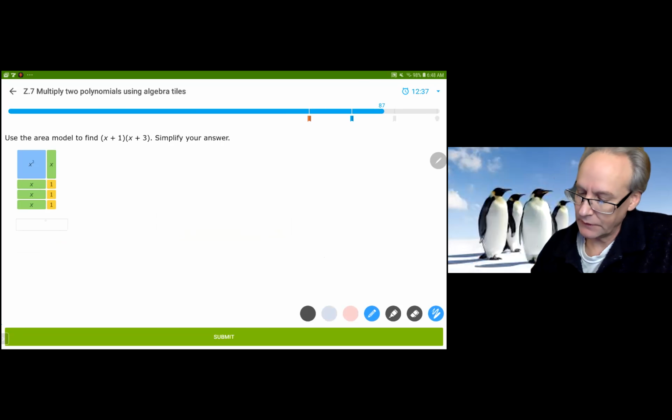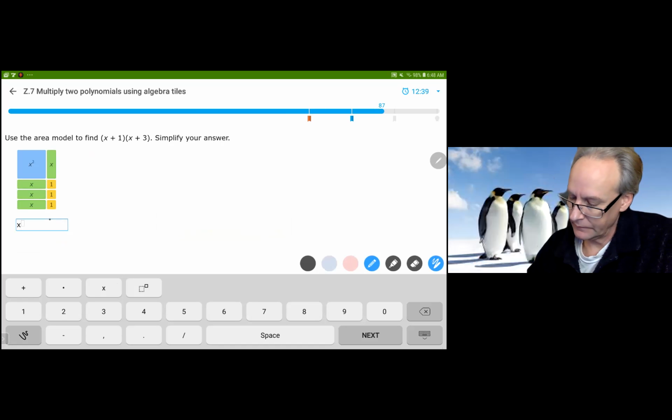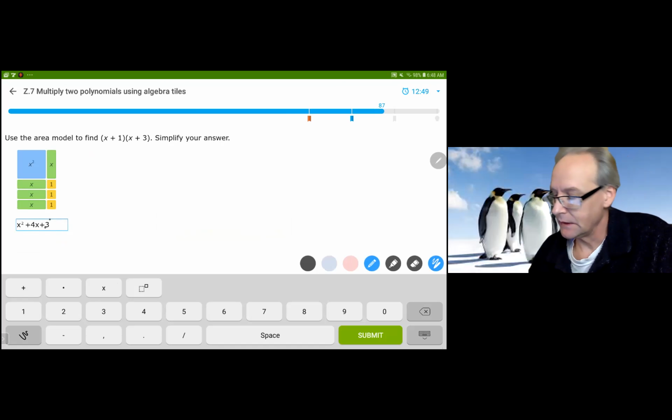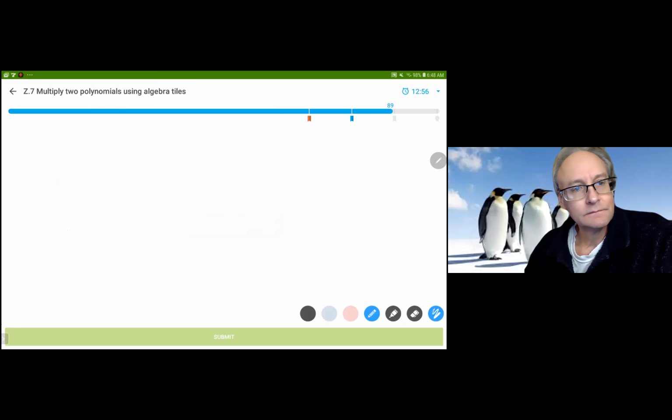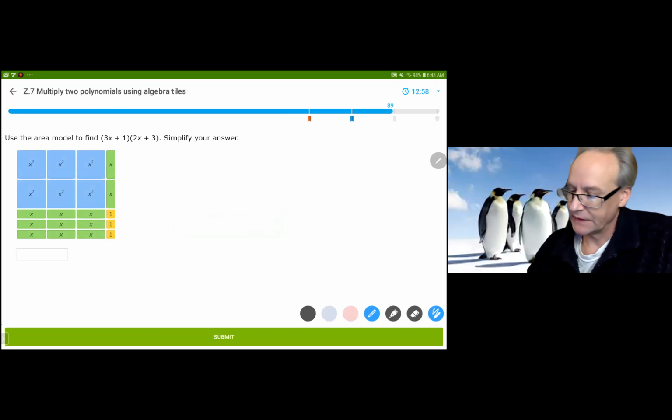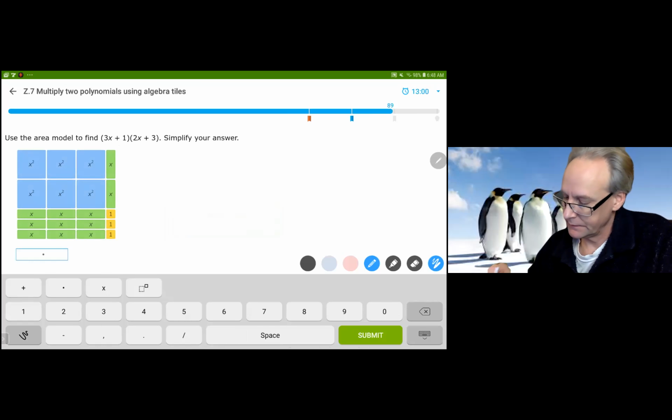All right, we got an x squared plus 4x plus 3. I always forget to get that. Plus 4x plus 3. Of course, that's right. This time we've got 6x squareds, don't we? 6x squareds.